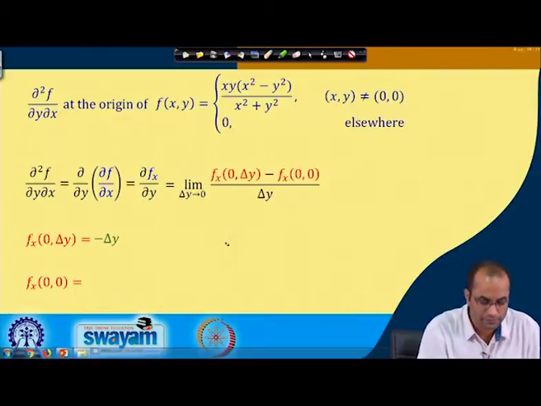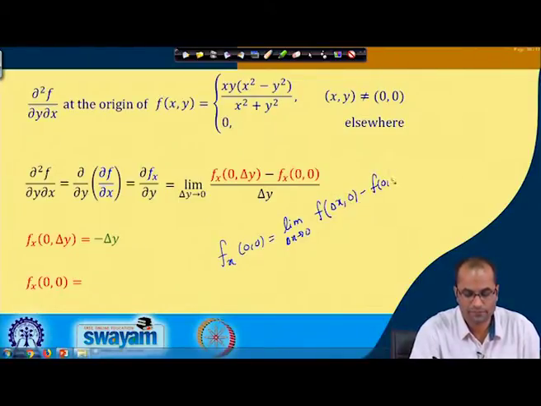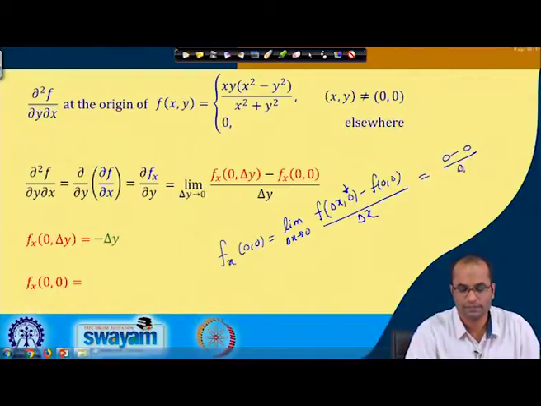So, this f_x at (0, 0), we have to use again this definition. So, the limit delta x goes to 0, and then we have f(delta x, 0) minus f(0, 0) over delta x, and since one of the arguments here is 0, and because of this product this will become 0 minus 0 over delta x, and the limit delta x to 0.